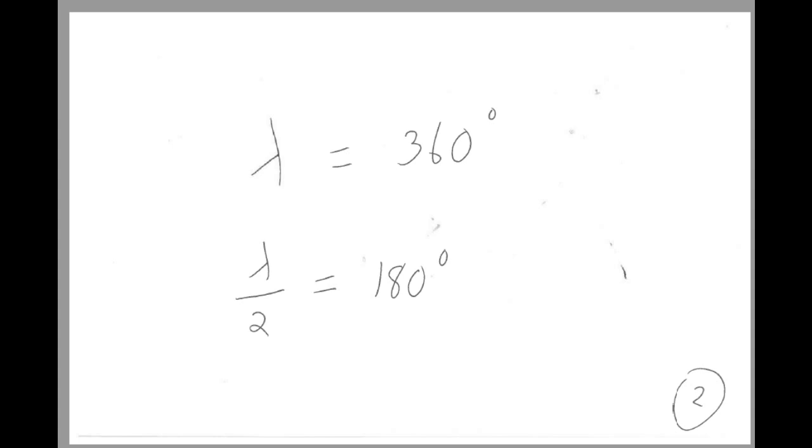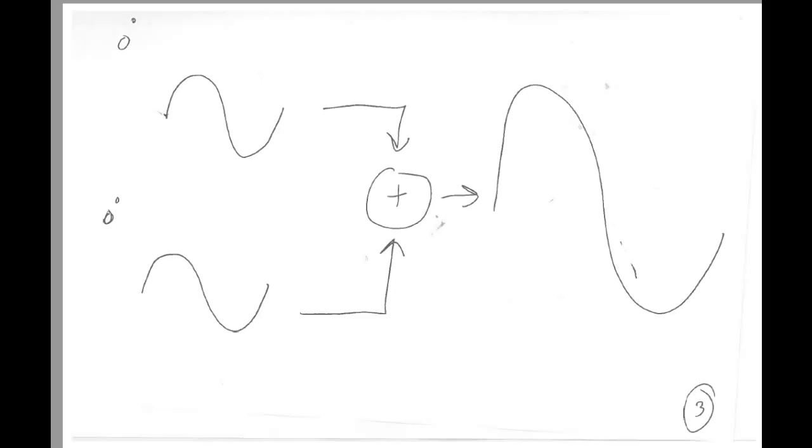So knowing that, the idea that you have to understand is if you have two signals that are both in phase, and you add them together, what you get is a bigger signal. This is what's called constructive interference. They basically constructively add together and you get a bigger signal. All right?